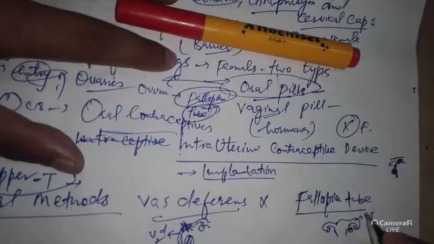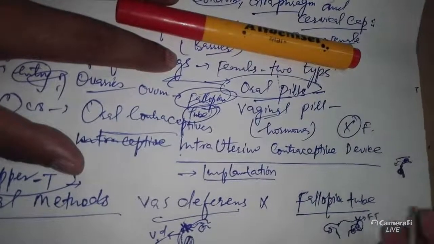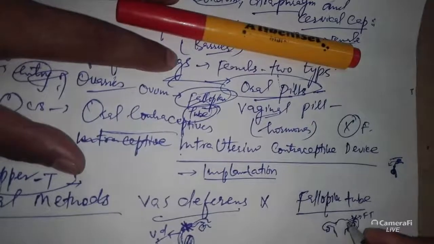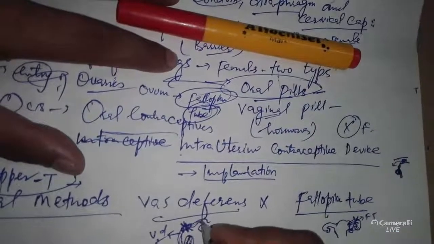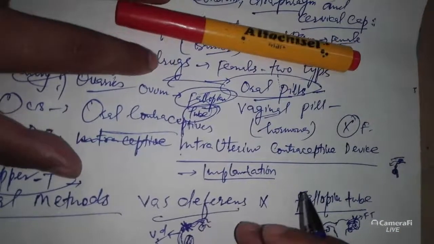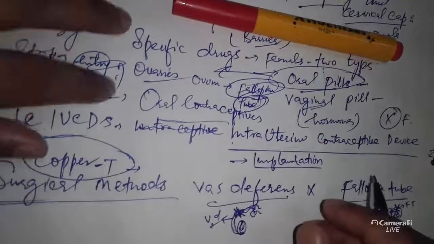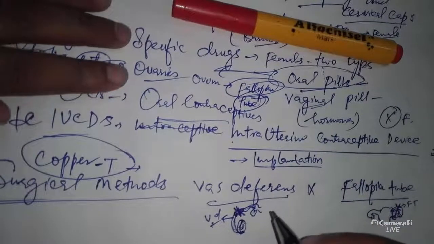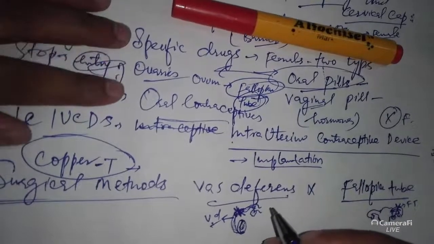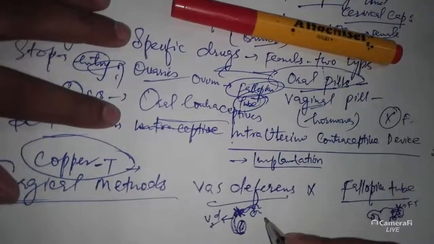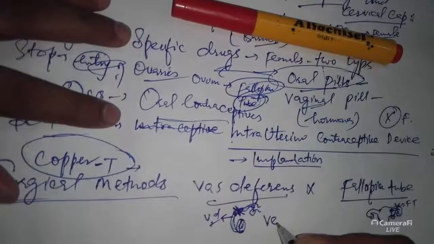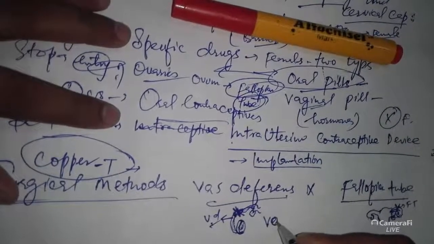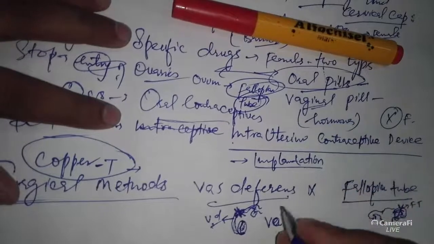Here we make a cut so that the egg will not enter here, and the sperm will not get through. When it is done in case of the males, it is called vasectomy. What is it called? Vasectomy.